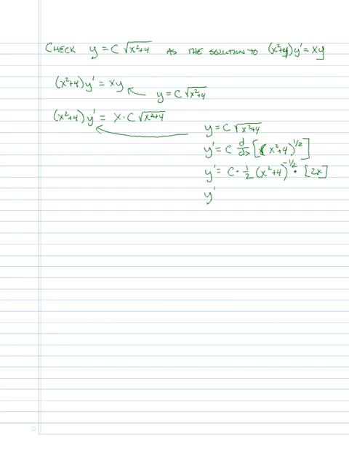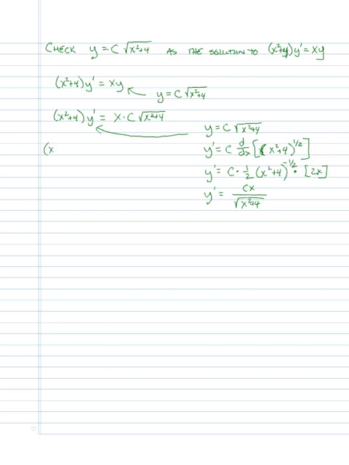As we begin doing a little simplification, you see that we have a 1/2 times 2, and we have a c times x. And the x squared plus 4 to the negative 1/2 power will be x squared plus 4 to the positive 1/2 in the denominator, which is nothing more than the square root of x squared plus 4 in the denominator. So now we have a way to replace the left-hand side.